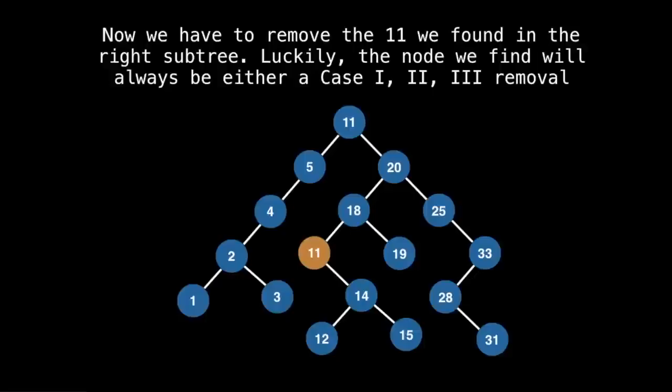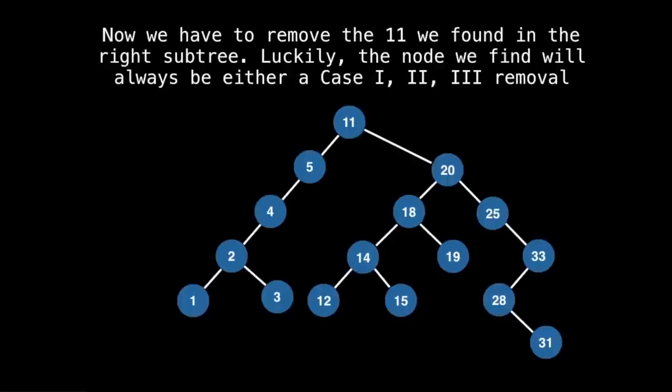Okay, so it's a right subtree, so what we want to do is swap it with the root node of that right subtree and then remove it. So remove 11. 14 becomes a successor, and now we just rebalance the tree like that.